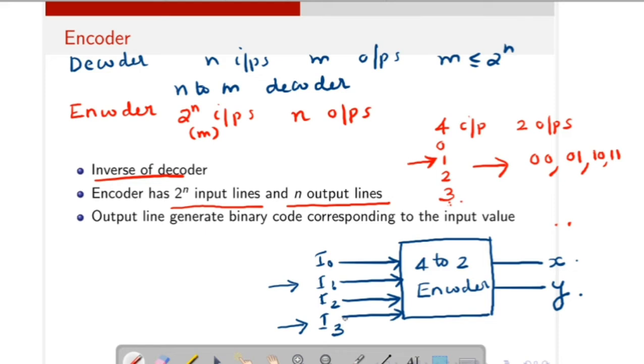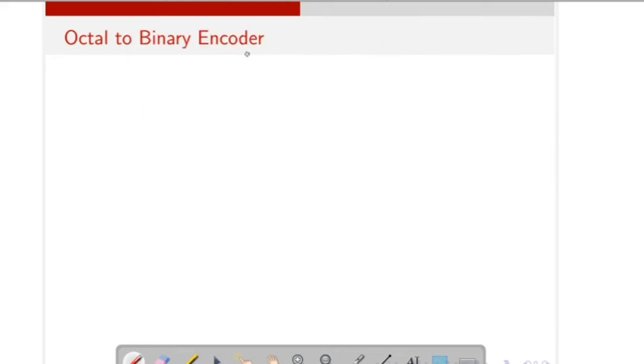Next we can design an octal to binary encoder. Octal to binary encoder has 8 inputs and 3 outputs. Actually it generates the binary equivalent of the octal number. That means we give input as an octal number and it generates the binary value of the corresponding octal number.